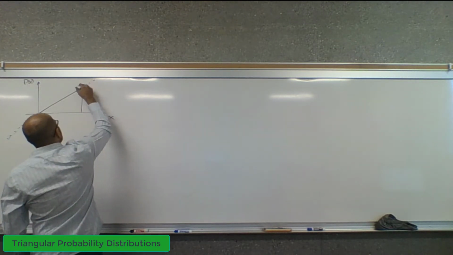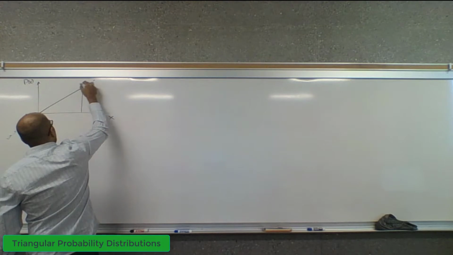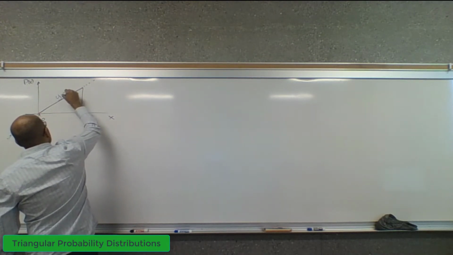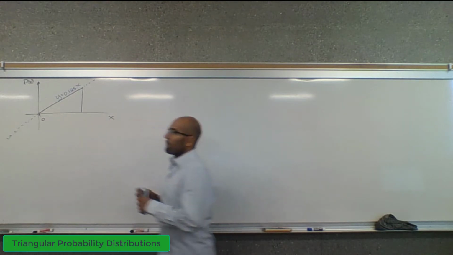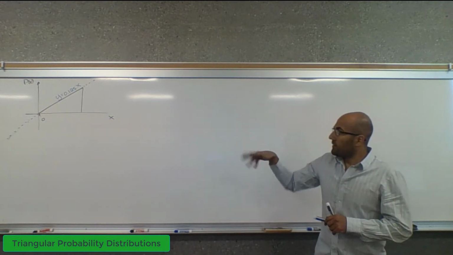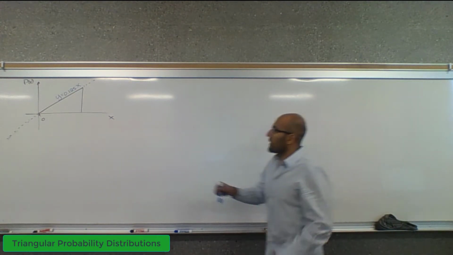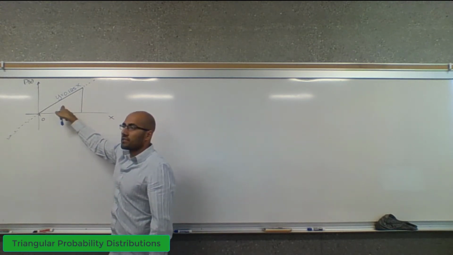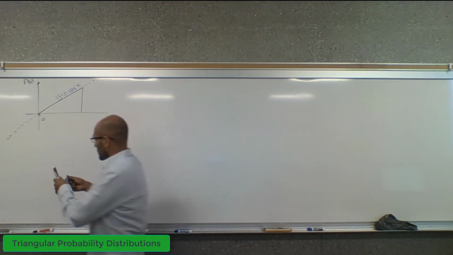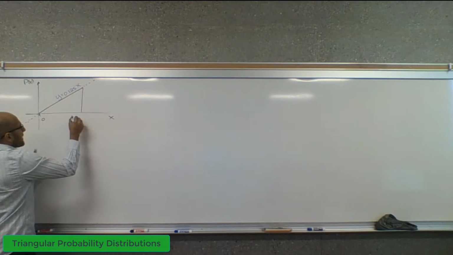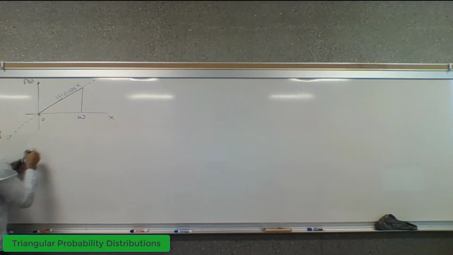The equation of this line is y equals 0.125x. Based on that, can we figure out the value that goes right here that makes this a proper probability distribution? That's the first question here. Find W.